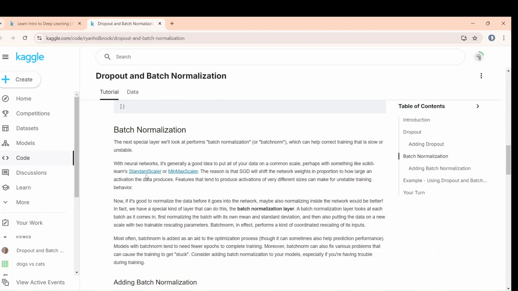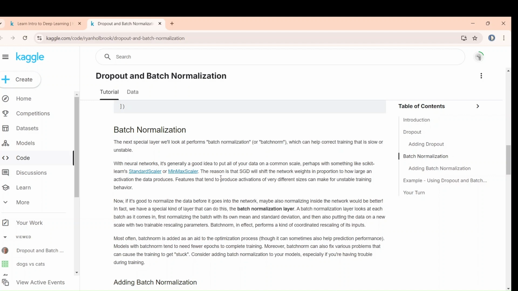Simple. So with a neural network, it's a good idea to put all your data on a common scale so that every feature gets the same priority. No feature can dominate other features. Perhaps with something like scikit-learn's StandardScaler or MinMaxScaler. These are the libraries which are used for scaling the data set.